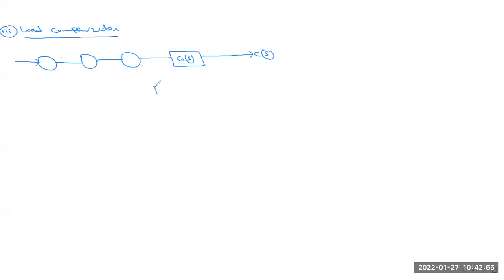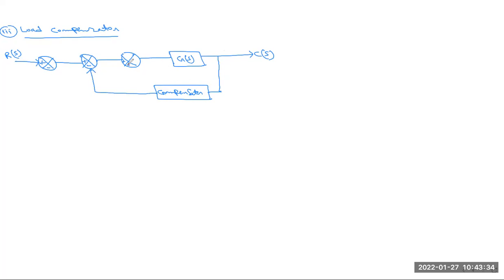So first we use the same compensator. Here we have to use these 3 summing points, that is the R(s). This compensation network we use to the output of the system.